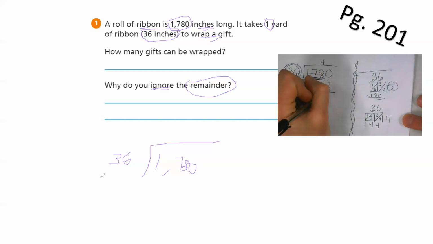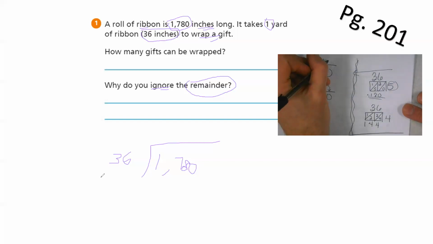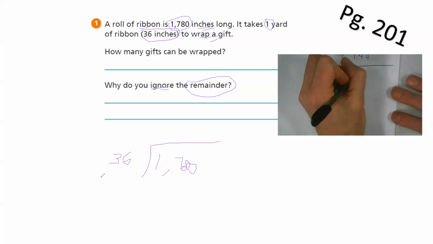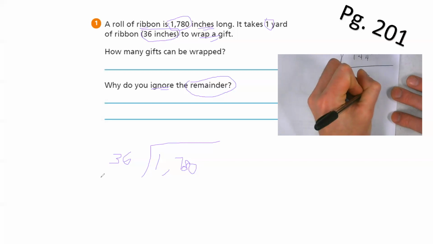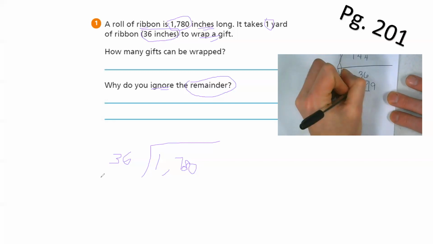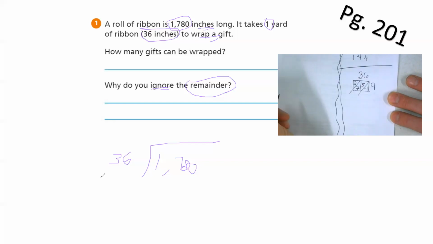Now we bring down the next number. Back to that guessing game. You've got to guess somewhere. 10, right? 10 times 36 is 360. Oh yeah, 10's not right. It's got to be 9. So I'm going to put it light, and now I'm going to check that 9. Now you see why we go over multiplication before division.